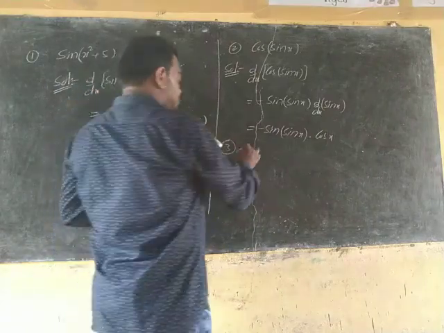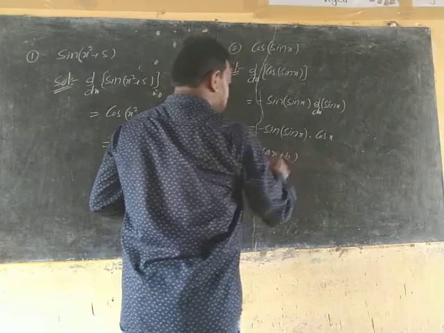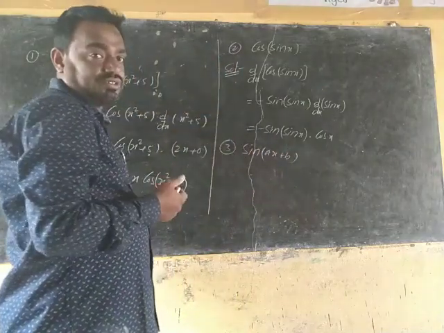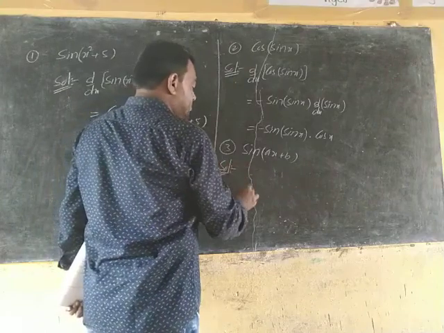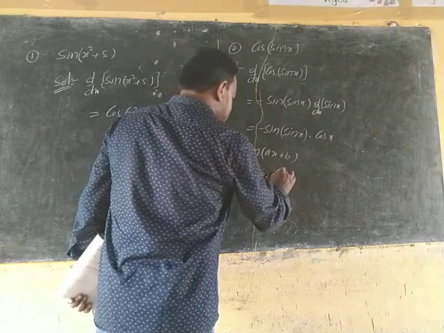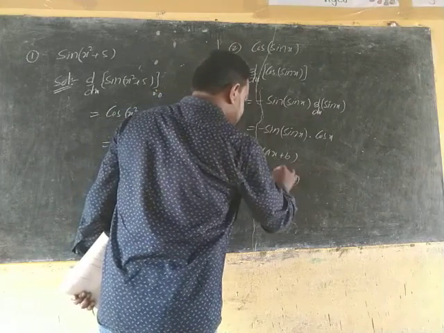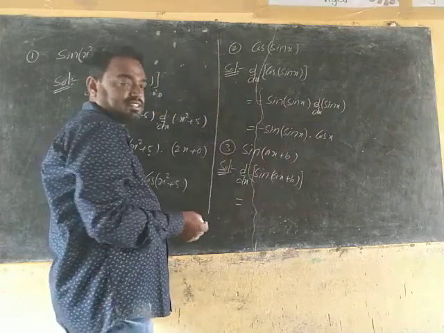Next, third one: sine of ax plus b. So how we are solving this one? Solution: d by dx of sine of ax plus b. Sine function derivative, what? Cos.